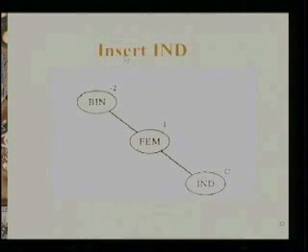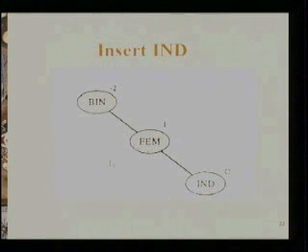Now we want to insert "ind". Now what happens? Bin, fem. What is ind? It is more than bin, so we go towards the right. It is still more than fem, so we still go towards the right. The balancing factor over here is 0.